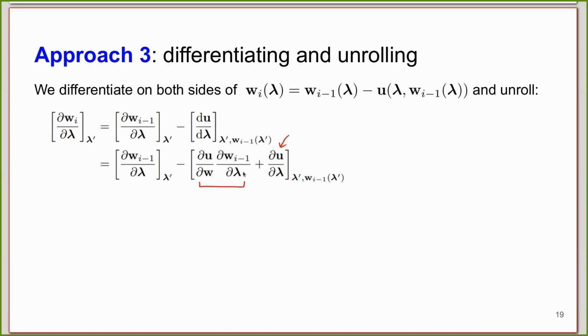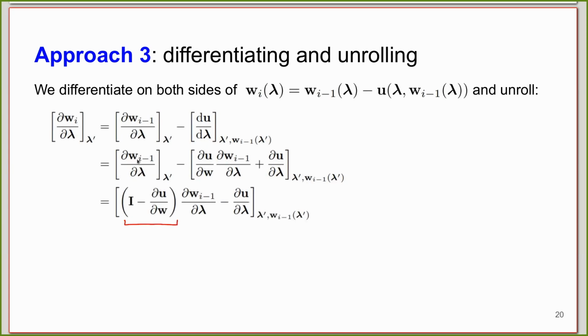We can write it like this, and now we can expand things, replacing Wi minus 1 with its expression, now going into the recursion. Sorry, first we can group these things here. So we have the gradient of Wi minus 1 with respect to lambda, and then the gradient of Wi minus 1 with respect to lambda. We just group those, and we have the identity minus the gradient of U with respect to W times this.